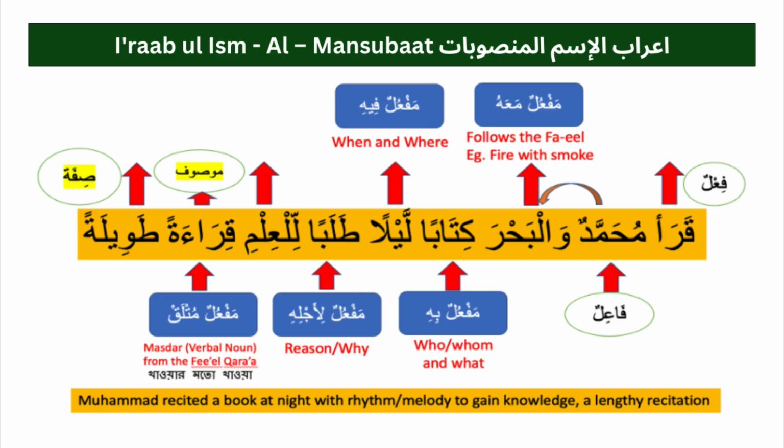In that example, one part of the sentence is the fa'il, one part is the maf'ul bihi, one part is the maf'ul li ajlihi, one part is the maf'ul mutlaq, one part is the maf'ul fihi, and one part is the maf'ul ma'ahu. This is a very useful summary because it shows students that all these different maf'uls can appear in one sentence, each answering a different question.